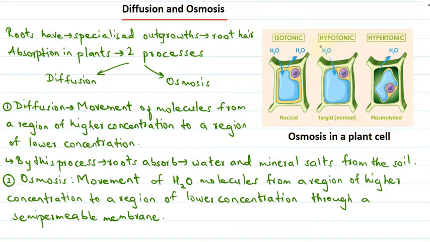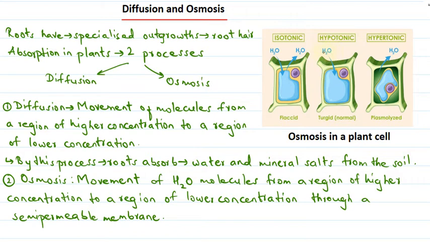As I mentioned, the external solution is more dilute, which means there is more water present outside. Thus, as we have already seen, water moves from higher concentration to lower concentration. So in this case also, water will move inside the cells from the outside region, because outside there is more concentration of water.